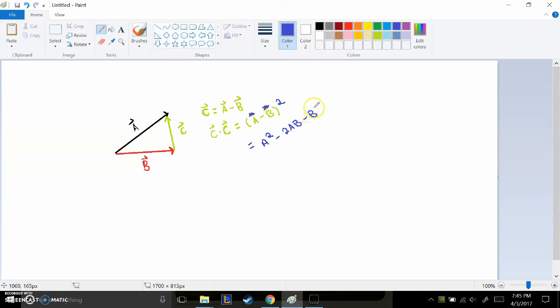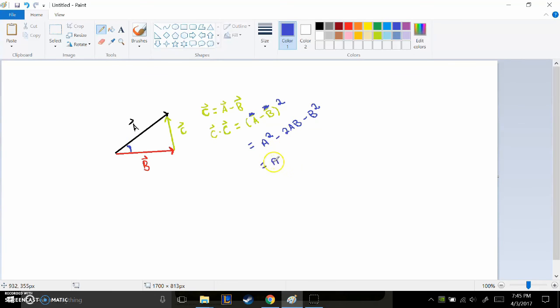And because we don't exactly know what this angle is going to be every single time, we're going to have to account for it. And the way we account for it, because we don't know how similar these are to one another, they can vary depending on whatever angle we want to make in between them.